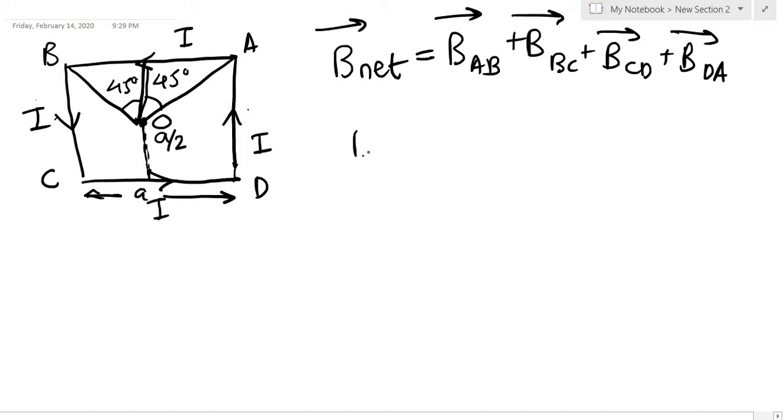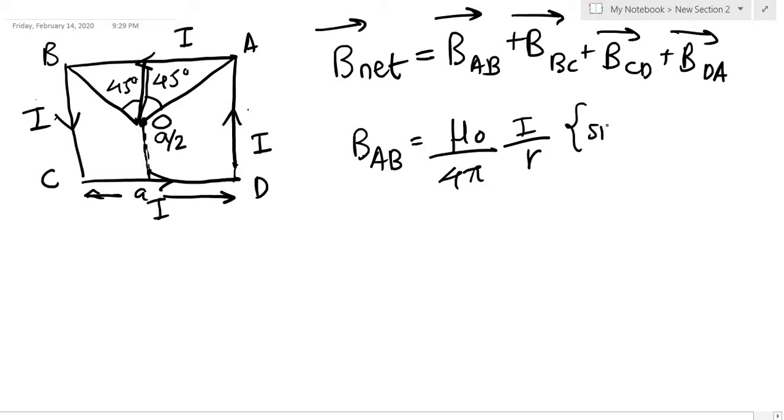Okay, let's just do BA first. We can first just solve for the magnitude. We can use mu naught by 4 pi. We know the angle. I by R, using the previous formula, sine phi 1 plus sine phi 2. Because it's not like it's an infinitely long conductor.